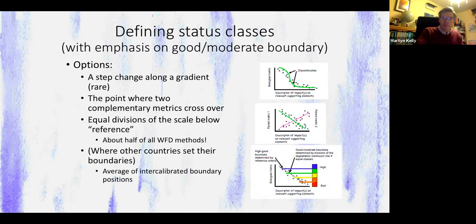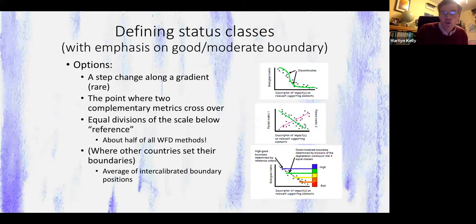And then as implementation progressed, more countries were setting boundaries, and with intercalibration, which I'll talk about in a moment, we had some confidence that there was agreement amongst the countries. The alternative possibility arose that we could actually use this consensus of approaches as boundaries for those countries that were joining the exercises late.